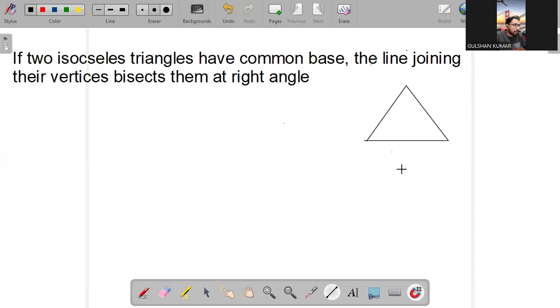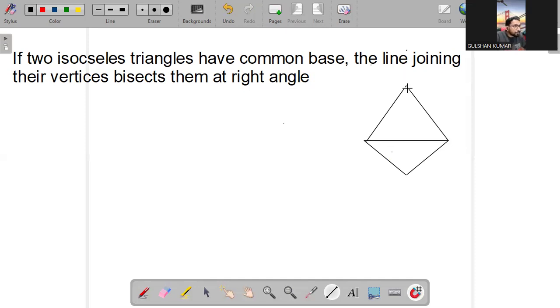First one is this, and the second one is also an isosceles triangle, but the base is common. This is the base, which is the common base.